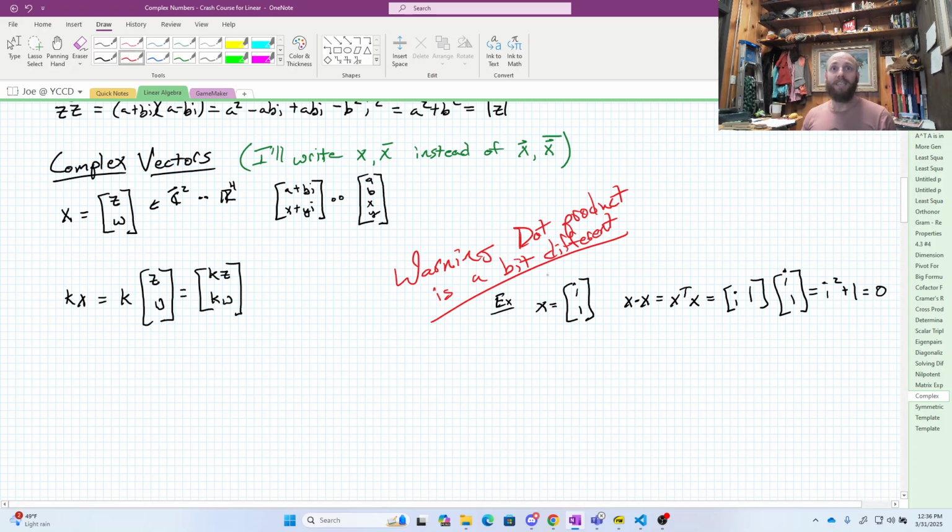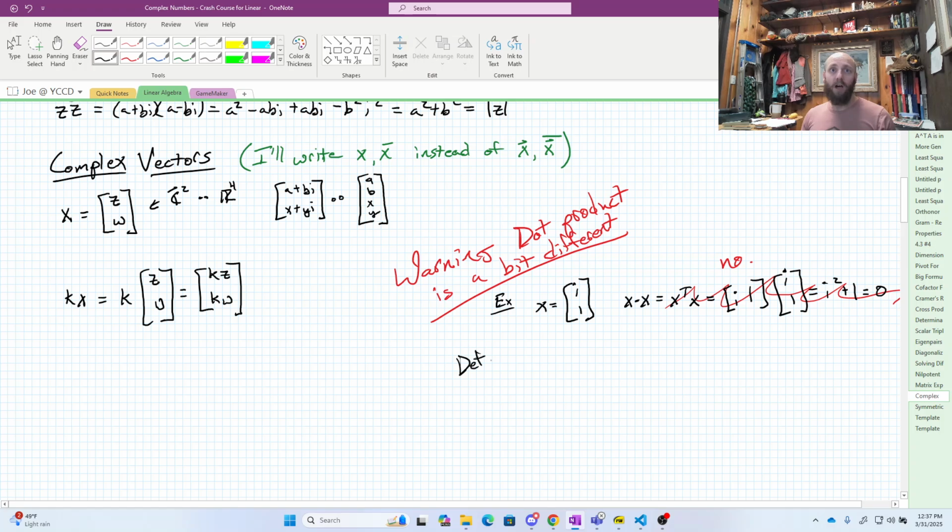So this is not, in fact, how dot products work. That can't be the case if things are to make sense. So we're going to refine this.